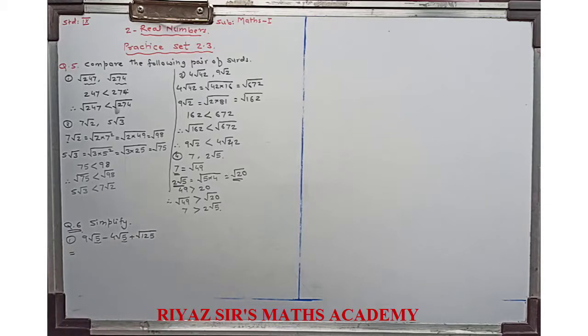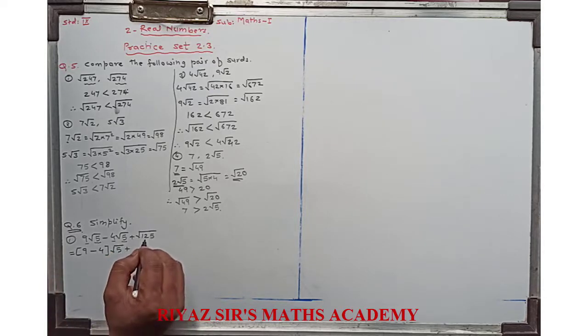That means they are like surds, and we can add or subtract like surds. So here subtraction is there. Just take the subtraction of their coefficients. That means we can take root 5 common from both the terms. So 9 minus 4, that comes in the bracket, into root 5 plus, now here square root of 125 is there. Just simplify this if it is possible.